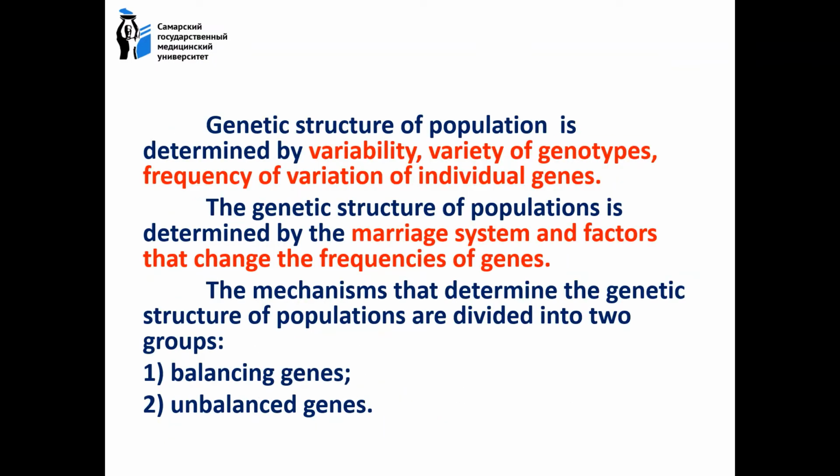Genetic structure of population is determined by variability of genotypes and frequency of variation of individual genes. The genetic structure of population is determined by the marriage system and factors that change the frequencies of genes. The mechanisms that determine the genetic structure of population are divided into two groups: balancing genes and unbalanced genes.